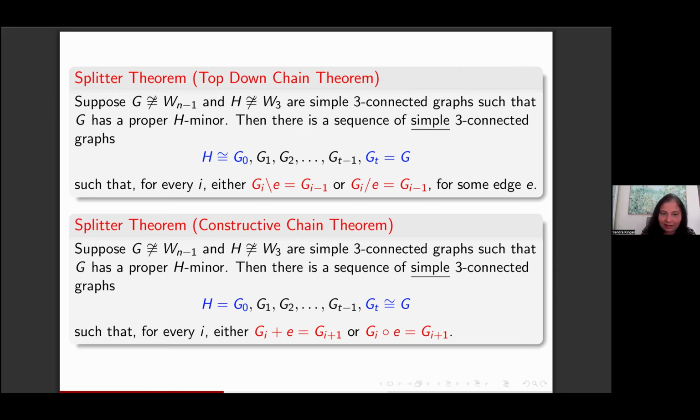And a little technicality here: going top down, you're starting with G, and when you finally get down to H, it could be something isomorphic to H. And here, when you're starting with H and growing up, you could get something isomorphic to G. All right. And this works for all 3-connected simple graphs, except for wheels.